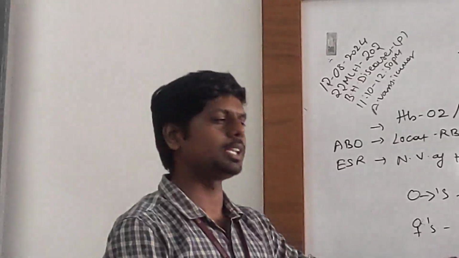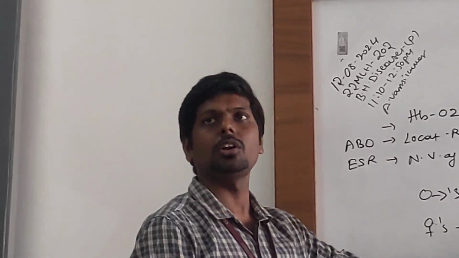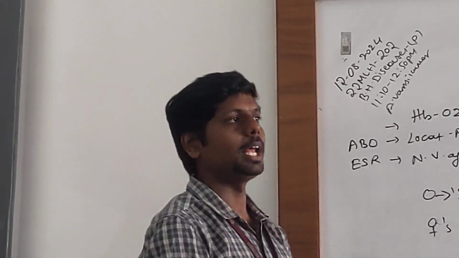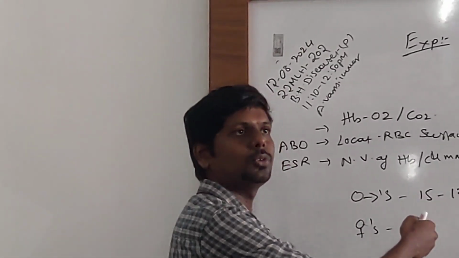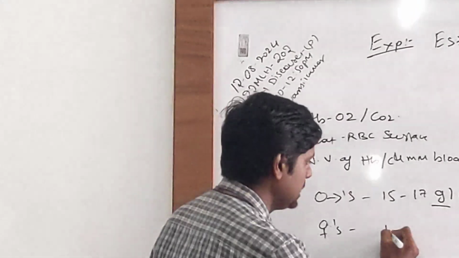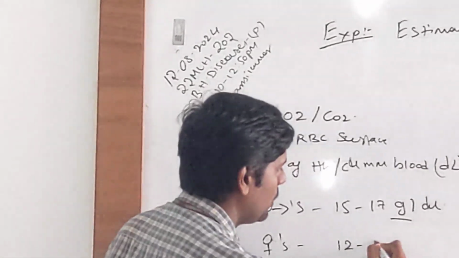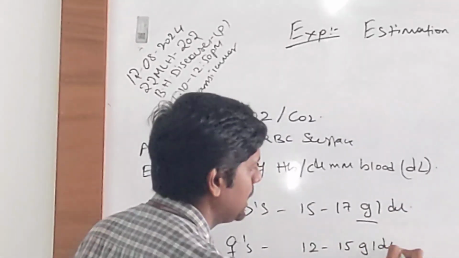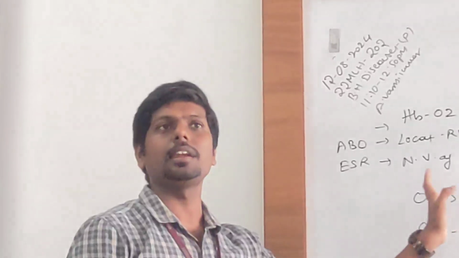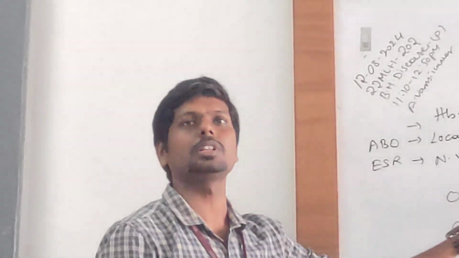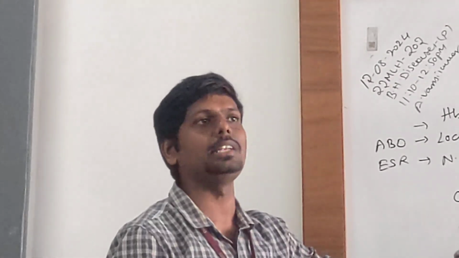In some textbooks they will say 14, that is also normal, plus or minus 2. Plus or minus 2 means greater than 2 or less than 2. For females it is around 12 to 15 grams per deciliter. Values are not absolute, they are ranges, and from textbook to textbook there will be slight differences.